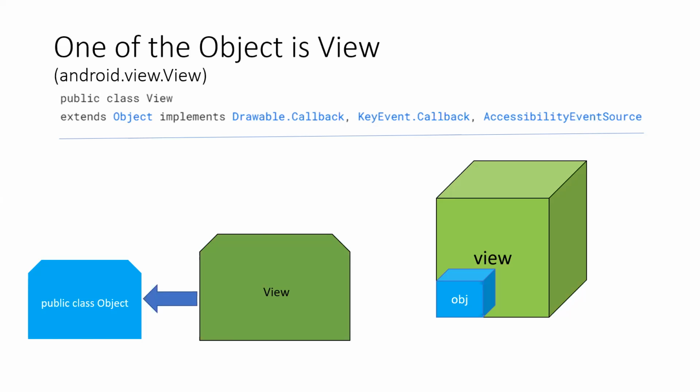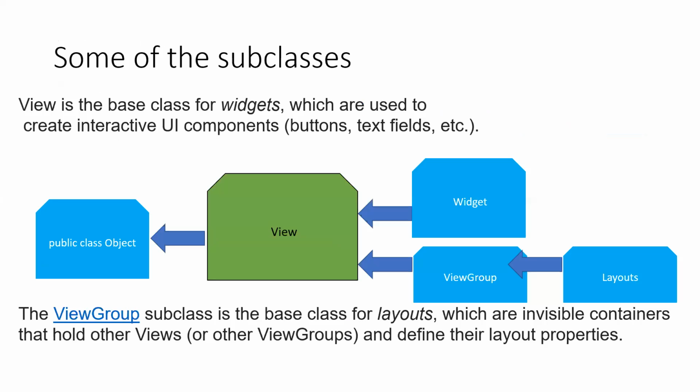Now we know that View is a subclass of the Object class, but there are also subclasses of the View class. In the last slide we mentioned certain interfaces that the View class implements, but other than that, it also provides the platform so that you can extend the View class.